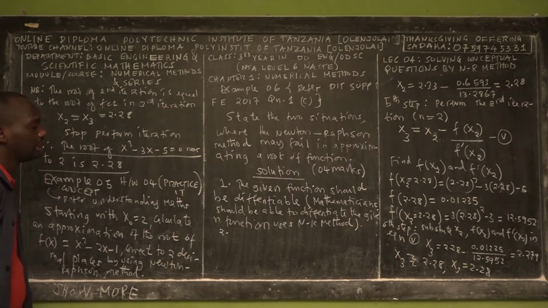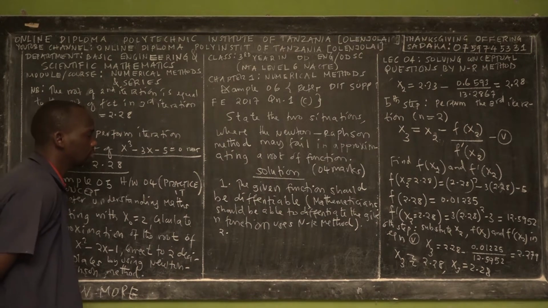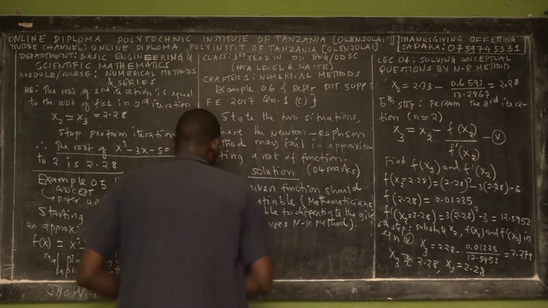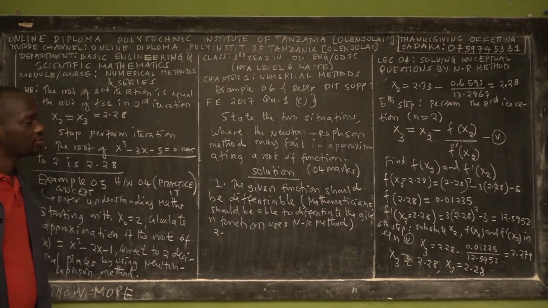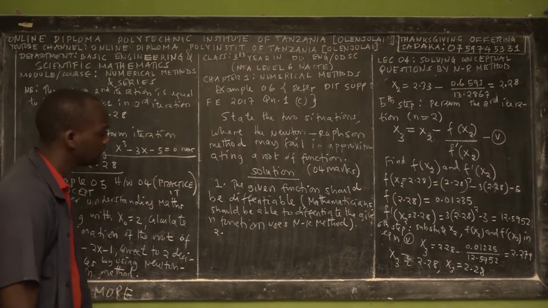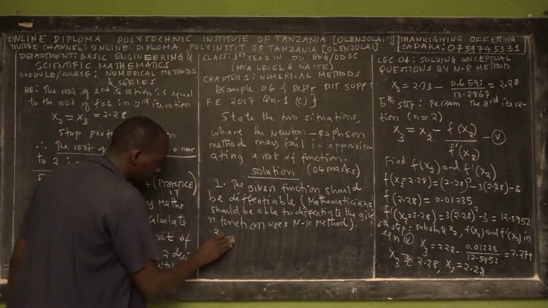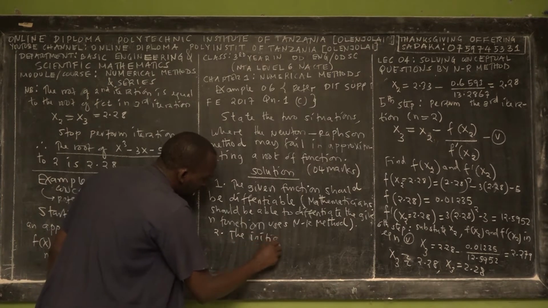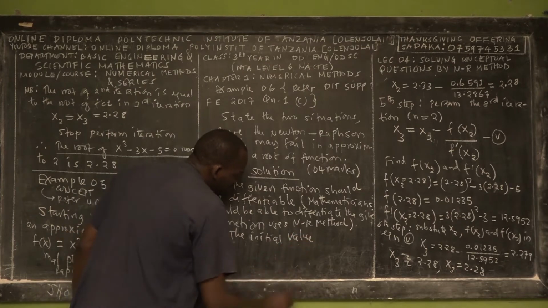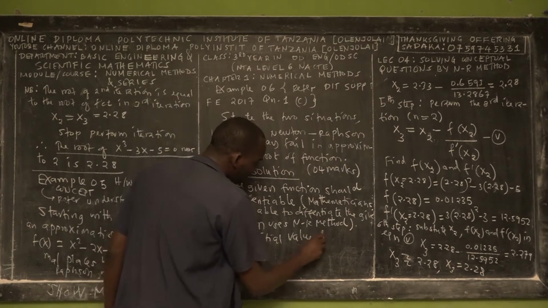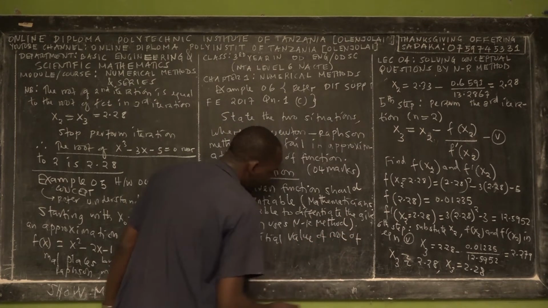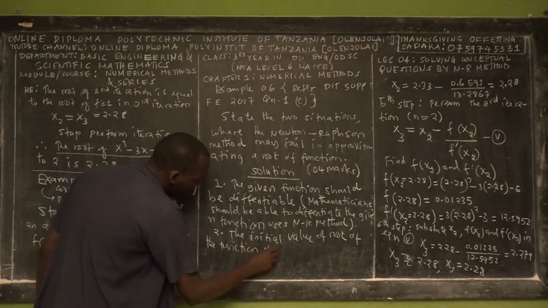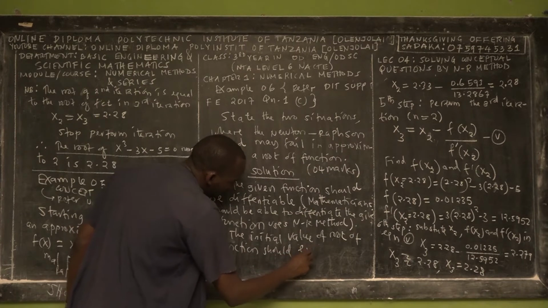The second condition: the initial value. For you to use the Newton-Raphson method on approximating the root of the function, the initial guess, or the initial value of the root of the function, should exist.